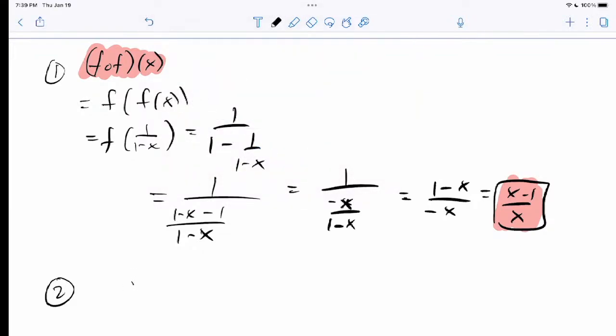And then I think it's f composite f composite f at x they ask for in 55.